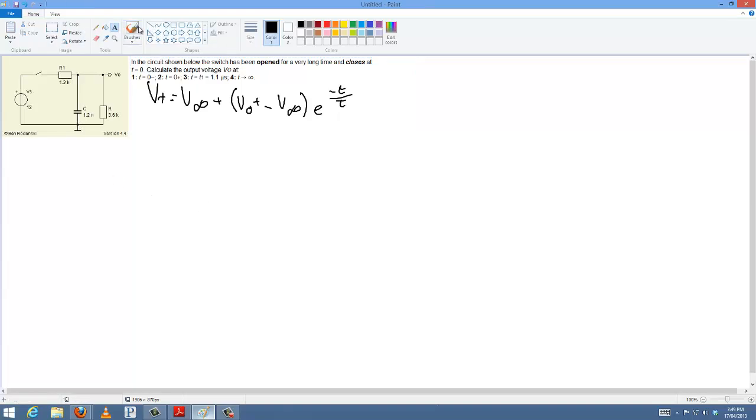It's been open for a very long time, so no charge for the capacitor, V0 negative equals 0 volts, and as soon as it closes, the capacitor still doesn't have time to charge, so it's still 0 volts.